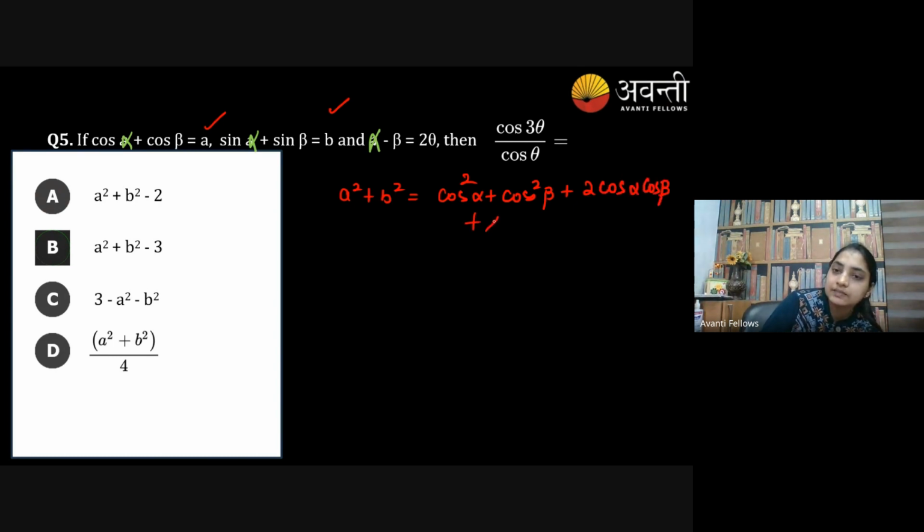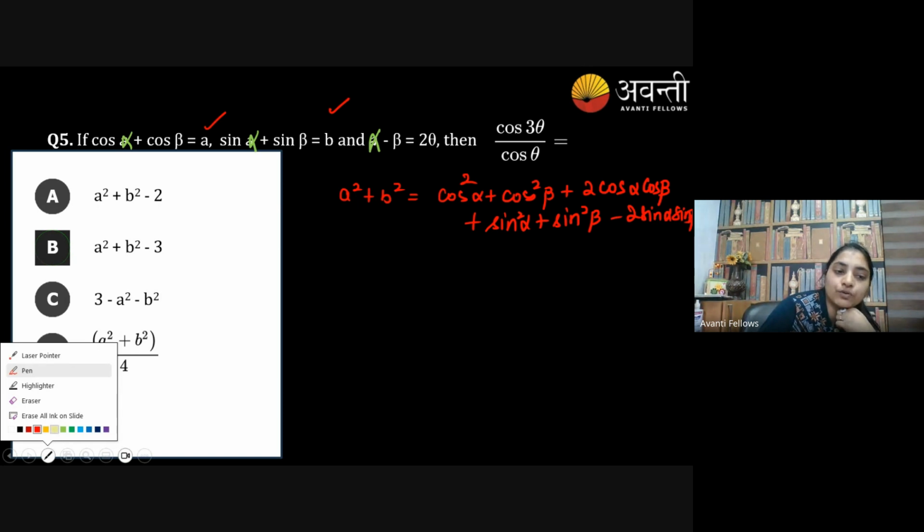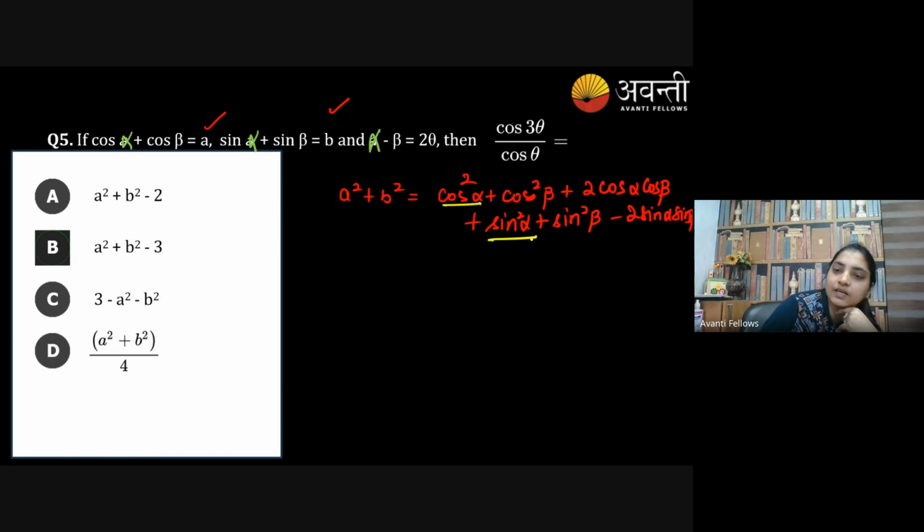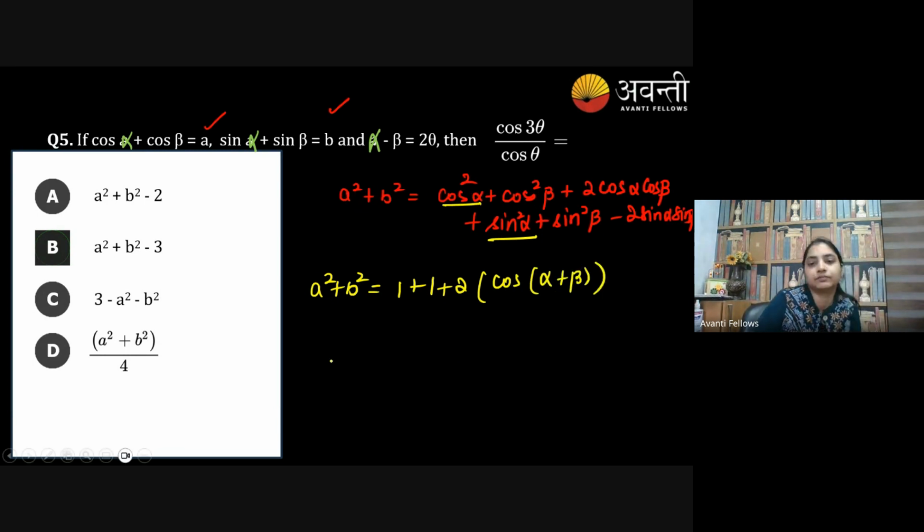Then plus sin square alpha plus sin square beta minus 2 sin alpha sin beta. Right, dear bachcho? So how many of you know that cos square alpha plus sin square alpha is going to be 1? So a square plus b square equals 2 plus 2 into cos of alpha plus beta.